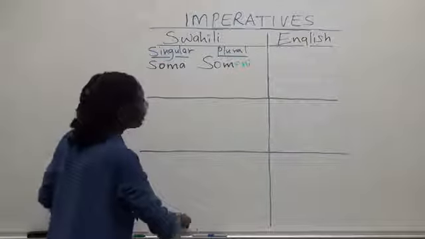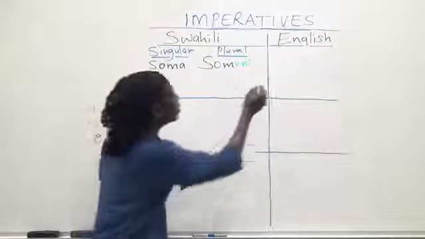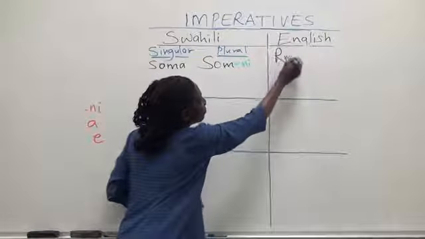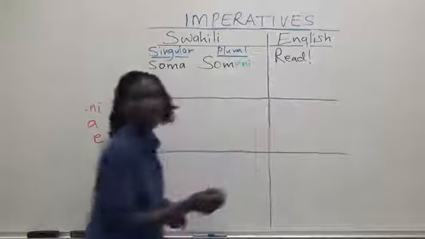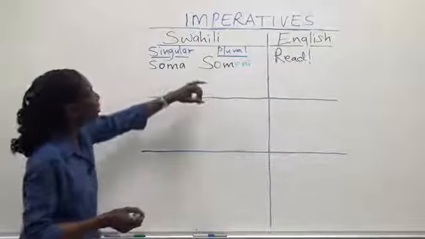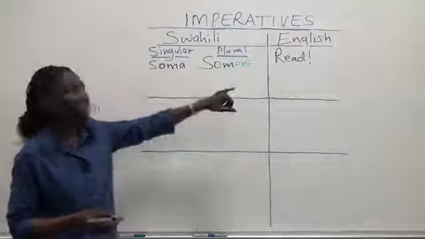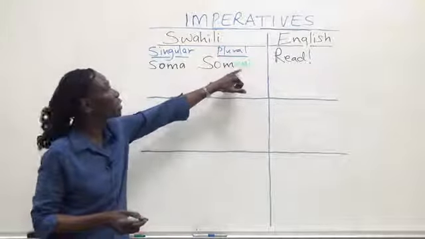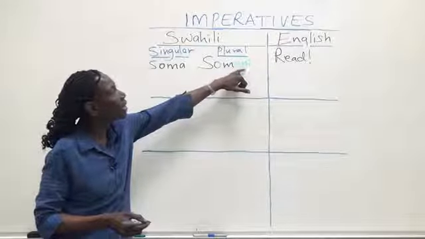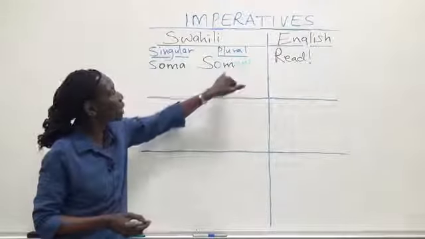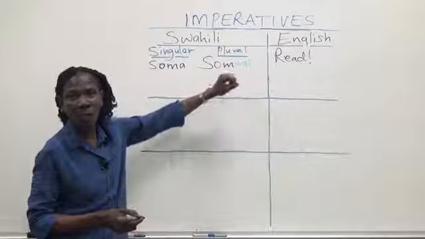And of course the English translation of this would be read. Okay, so you notice that the A changes to E, and of course there is the suffix ni, which makes the word plural.